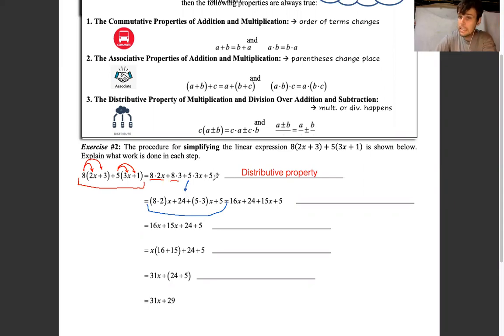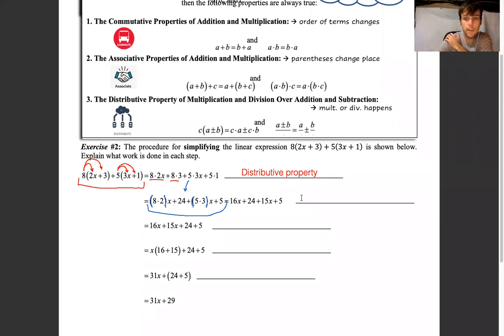Well, what's really different about it? Let's focus on what looks different here. And the thing that I notice are these parentheses. These parentheses were not there before. We grouped things in a new way. We used our parentheses to change groups. That is called the associative property. So anytime we're putting parentheses in to change the grouping, it's called the associative property.